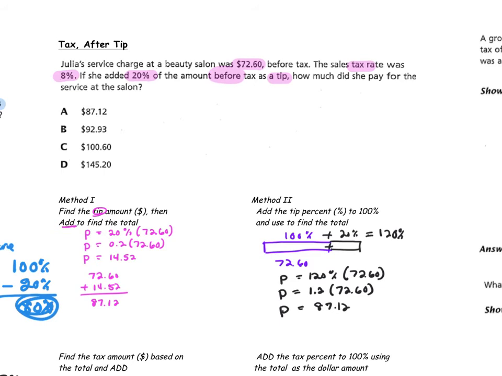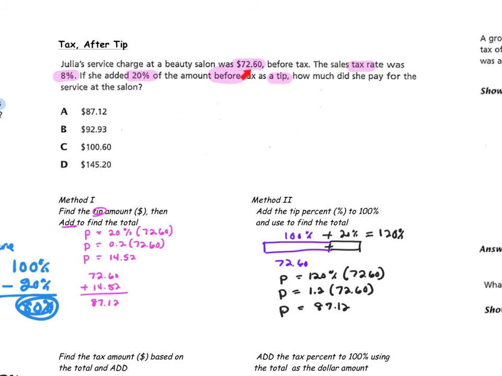When we had our tax after discount, we were basing our tax on the discounted amount. However, when we talk about tip, that's gratuity, and that's something we freely give to somebody for their service, but it's not included in the total that we're charged tax on.